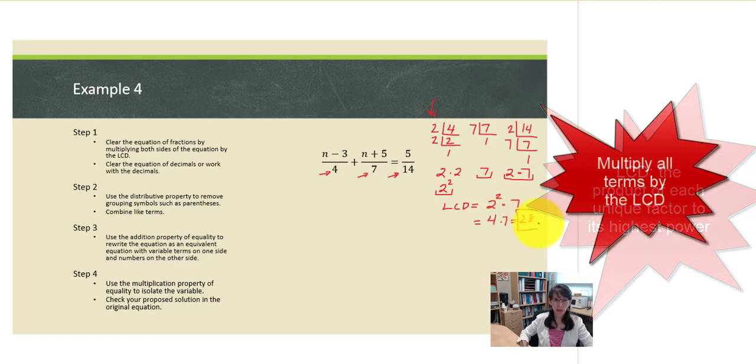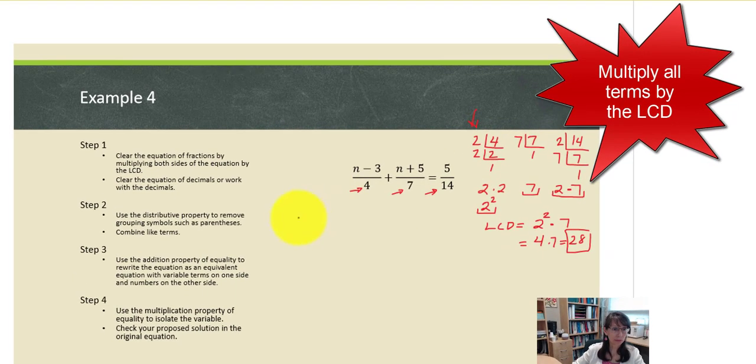So the way we're going to use 28 is multiply every term by 28. So I'm going to have 28 times n minus 3 over 4, plus 28 times n plus 5 over 7, equal to 28 times our last fraction, 5 over 14.